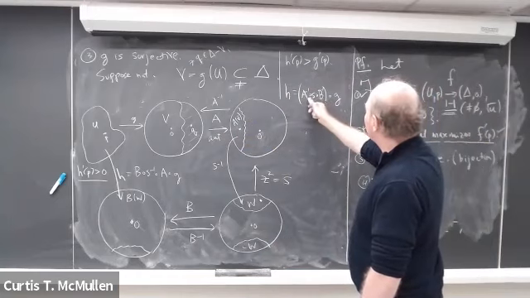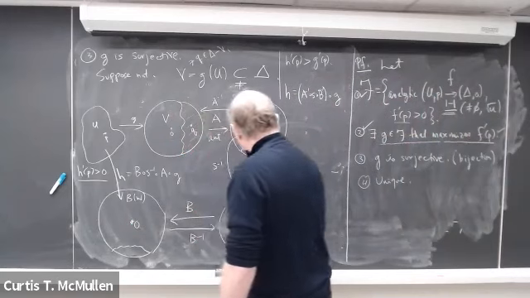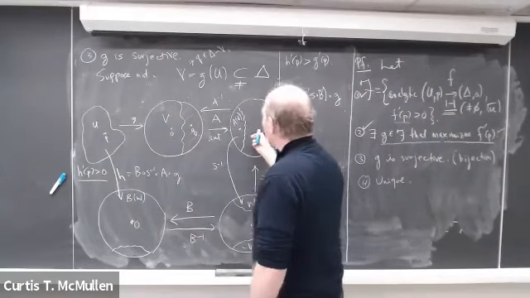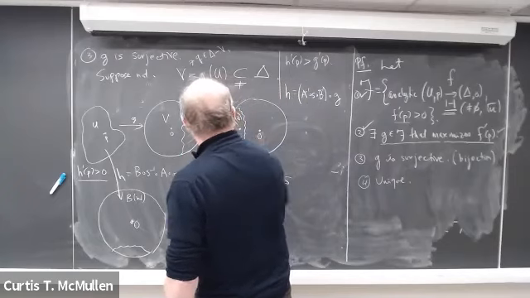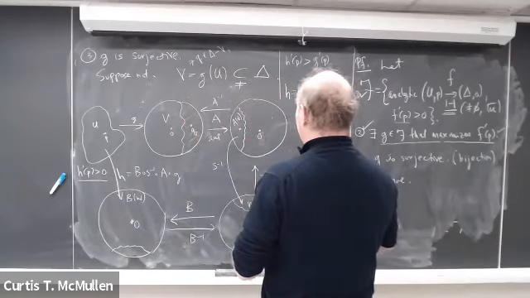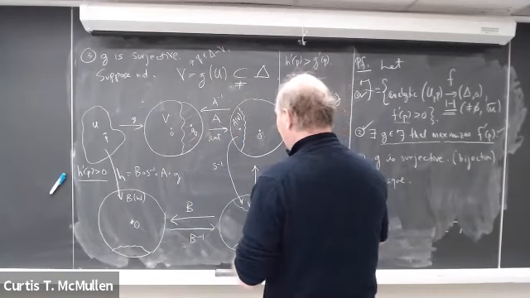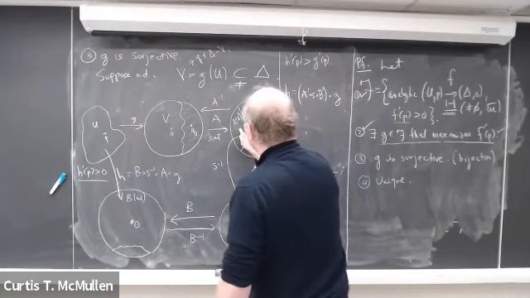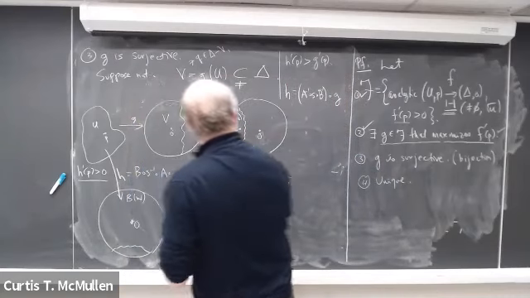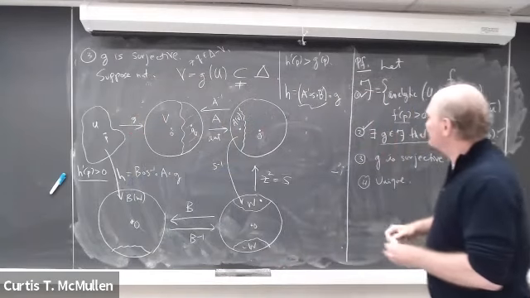And let's look where it sends 0. This mapping sends 0 to here, and then to here. Sorry, I think I did one too many. Sorry, that's right. So it sends 0 to this base point, to this base point, and then to 0 again. So this is a map of the disk to itself.